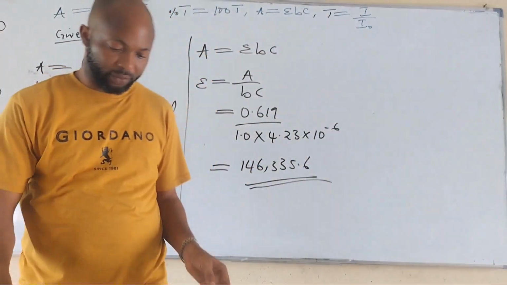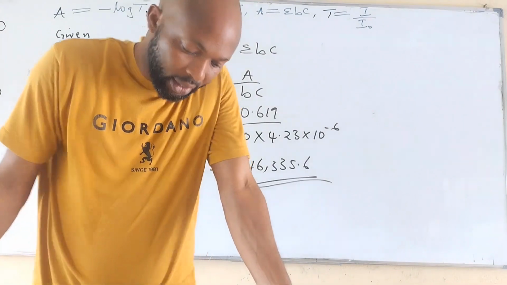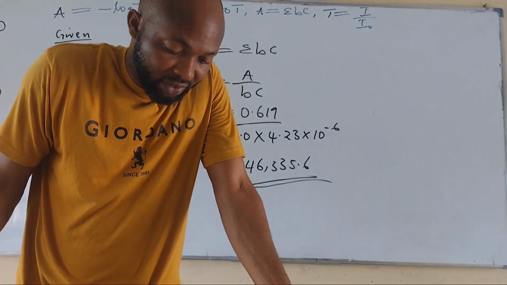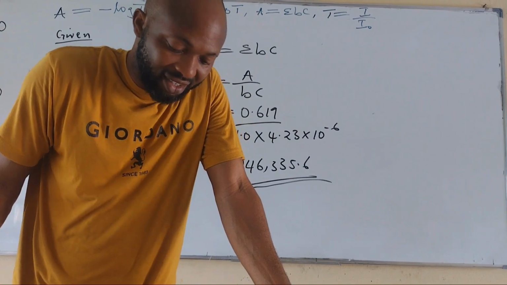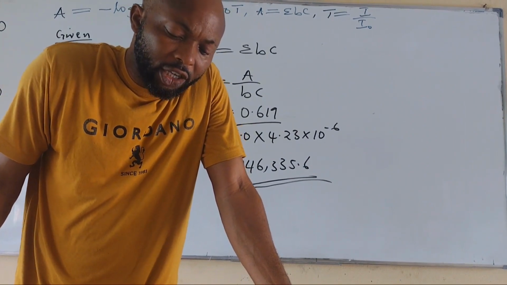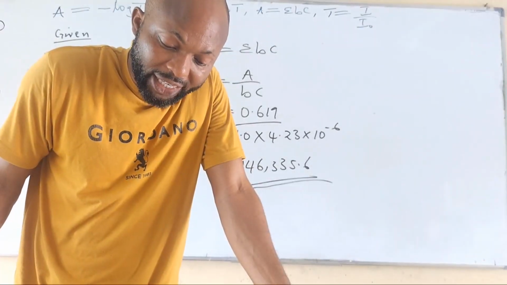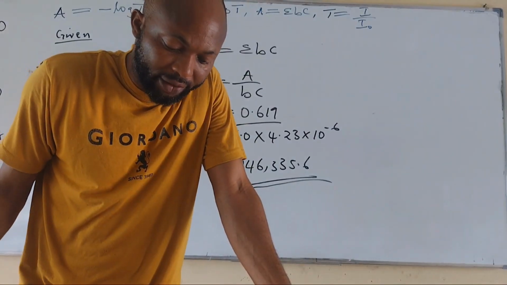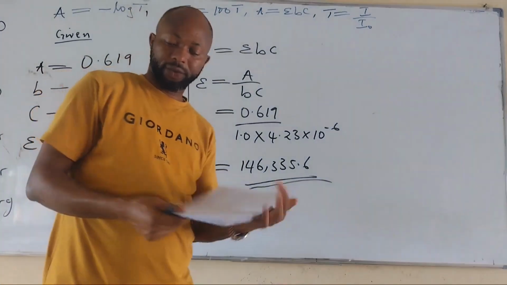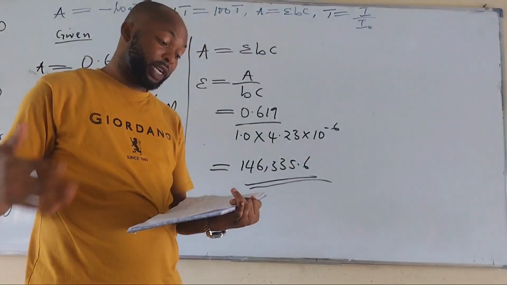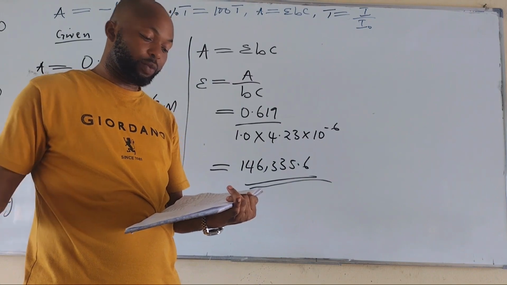Okay, let's take our next question, question number 5. I've forgotten the number. Let's just go on. In each of the following, enough data are given to calculate the indicated parameters. A: Calculate A, capital A, which is absorbance, if T is 0.651.